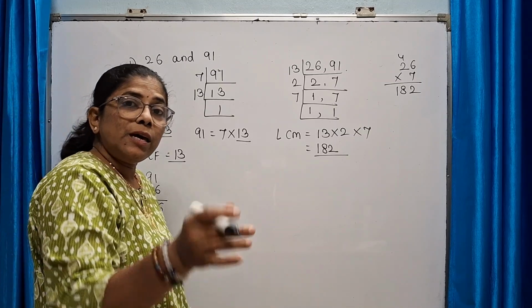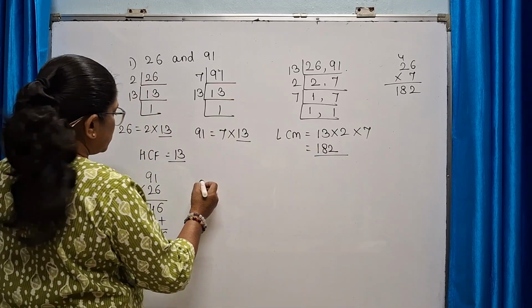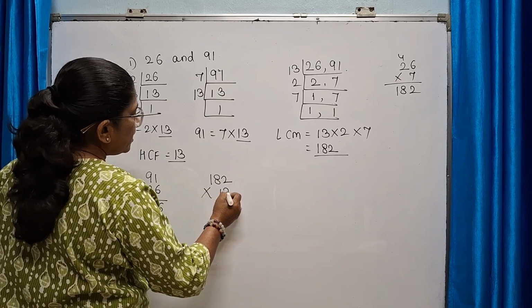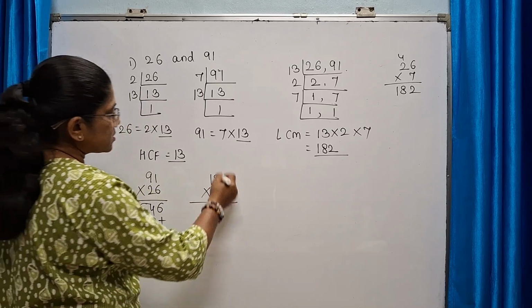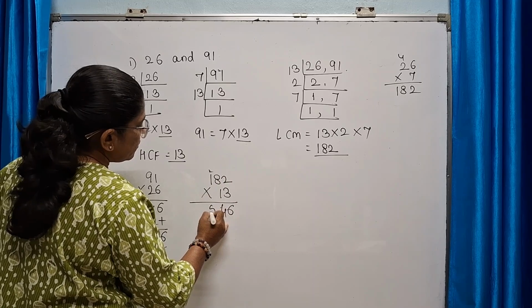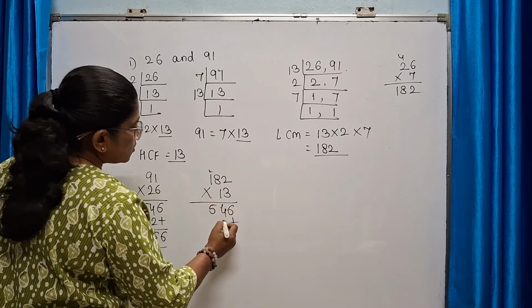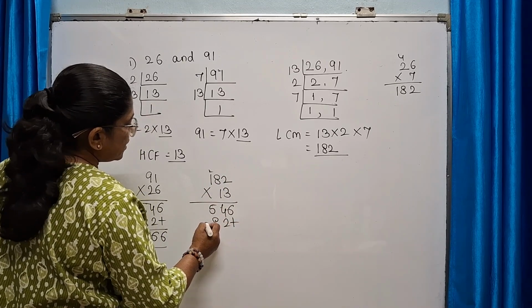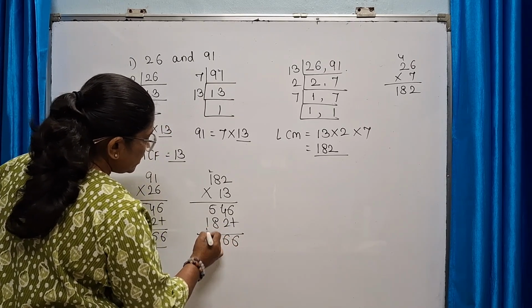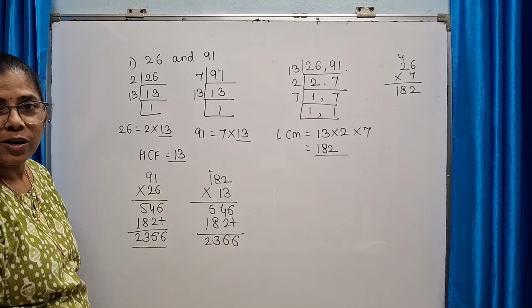Now let's multiply LCM and HCF. Our LCM is 182 and HCF is 13. 3 2s are 6, 3 8s are 24, 3 1s are 3. Plus 1 2 is 2, 1 8 is 8, 1 1 is 1. Let's add this: 6, 6, 3, 2. The product is the same.